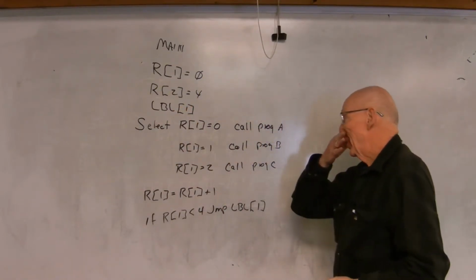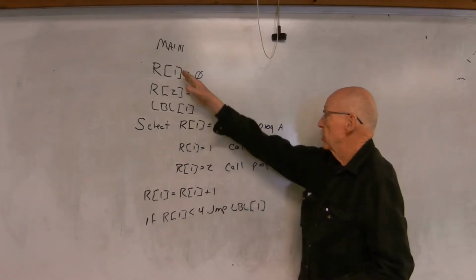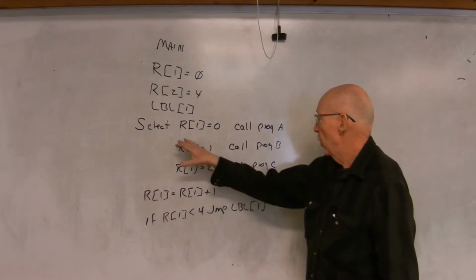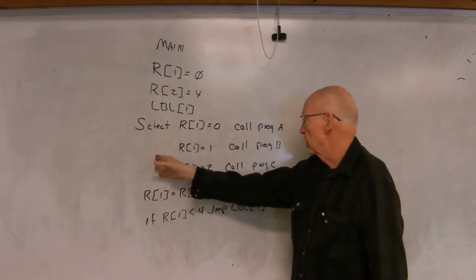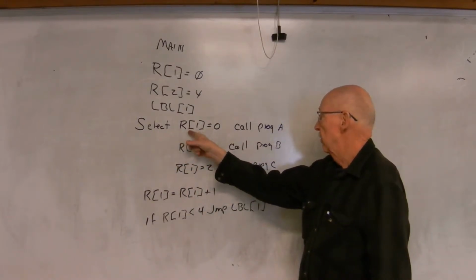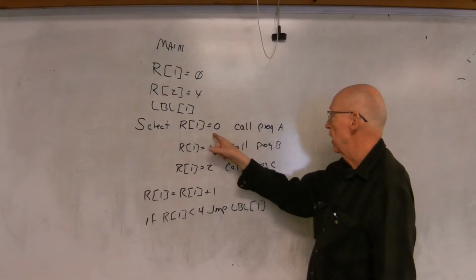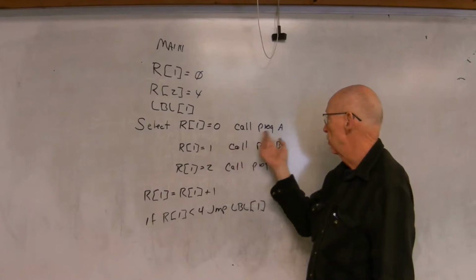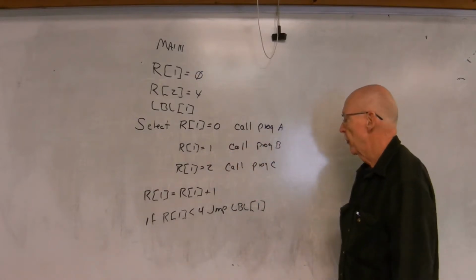Now, we initialize our registers, establish a destination for our jump, and then there's a selection process and a test of the value in register 1. If it equals 1, it'll call program A. Register 1 equals 1, program B, etc.